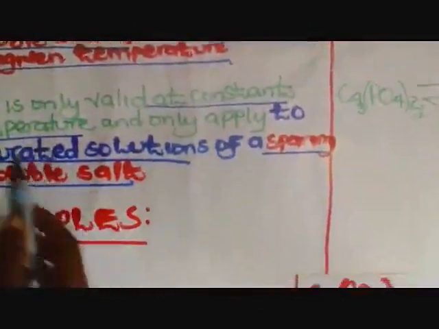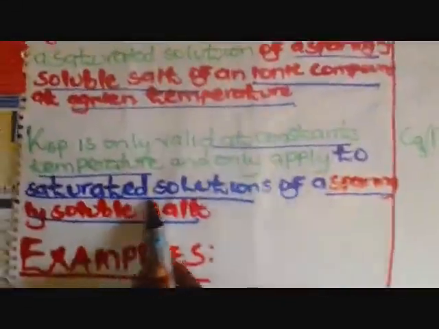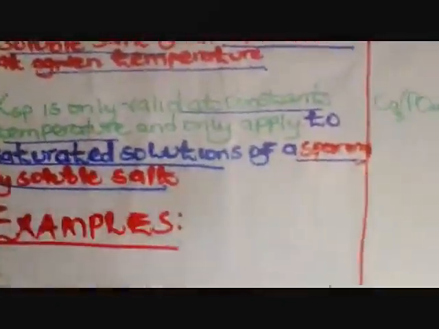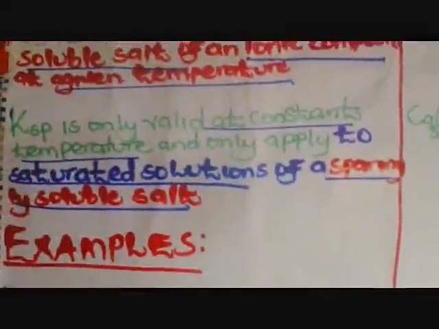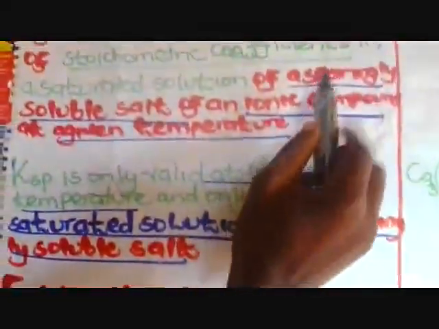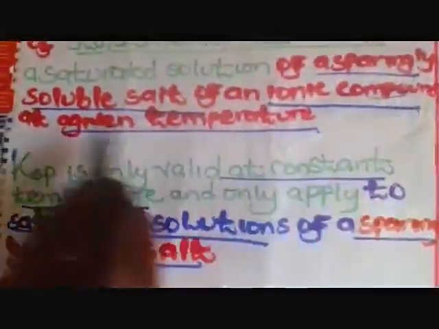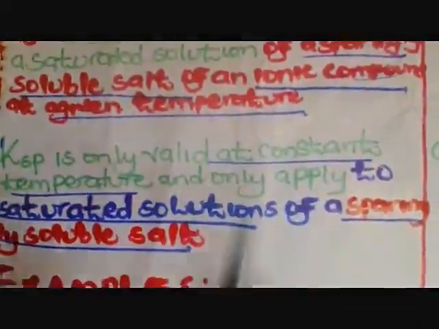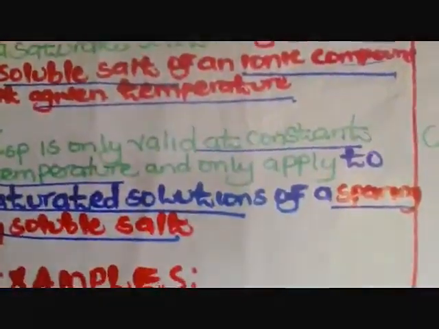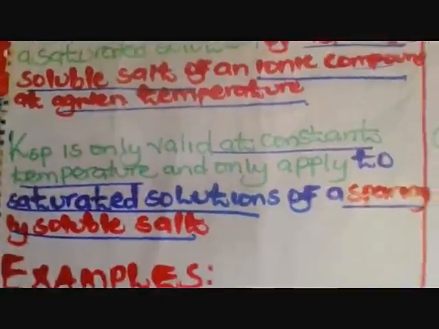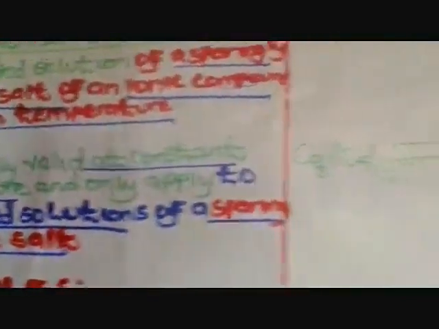Now, the conditions: you mention the constant temperature, then the saturated solution, and the salt being sparingly soluble. Remember, in the definition, sparingly soluble must appear, temperature must appear, and the compound being ionic.